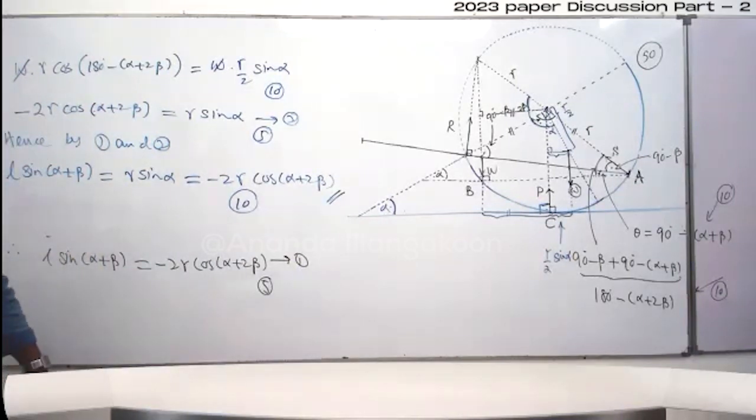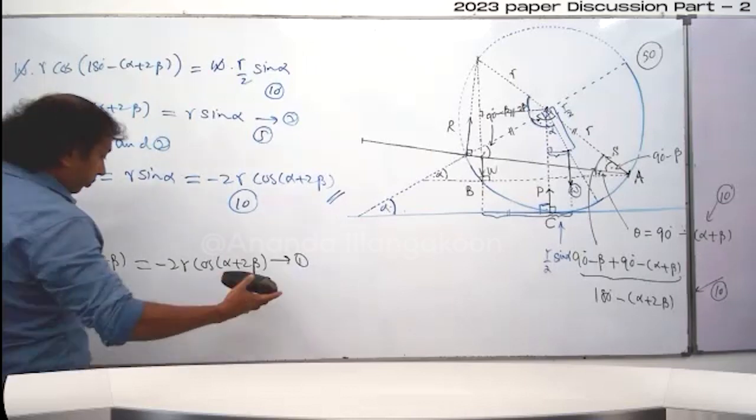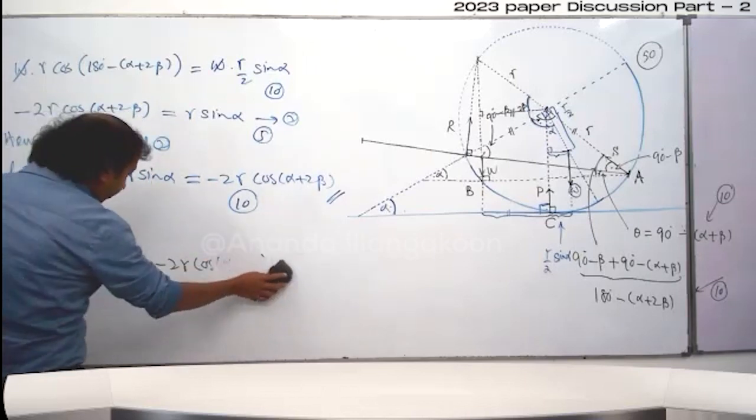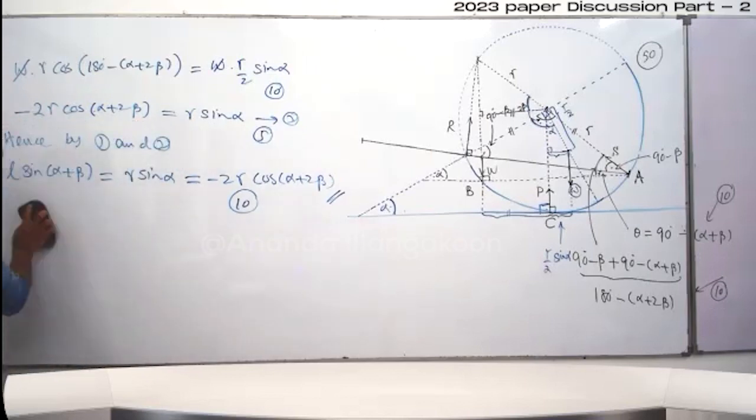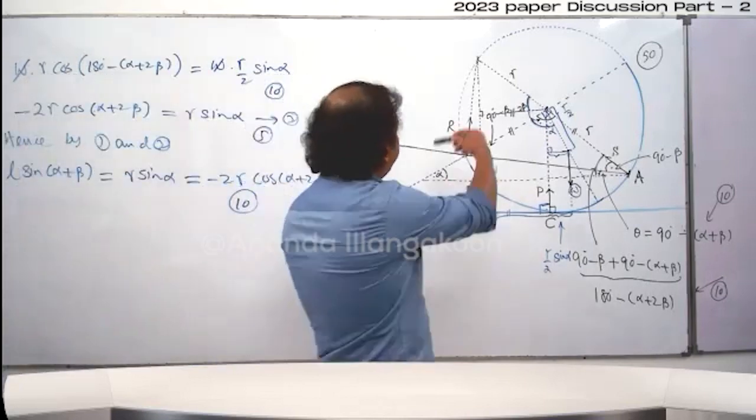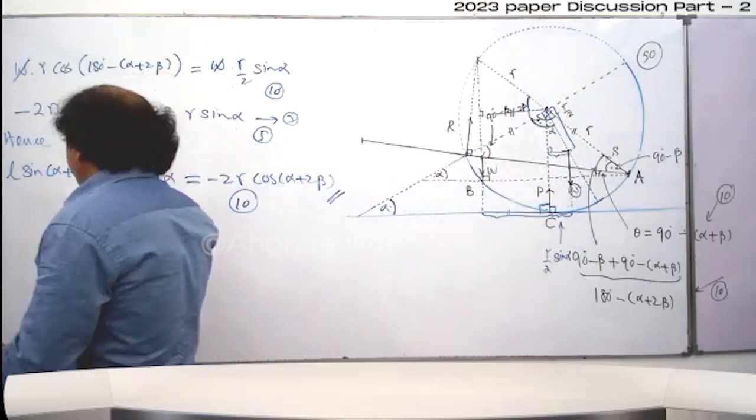Then we can write down, for the equilibrium of the rod, taking moments around A. When you take moments around A, what do you get there? R times R gives this way a moment.